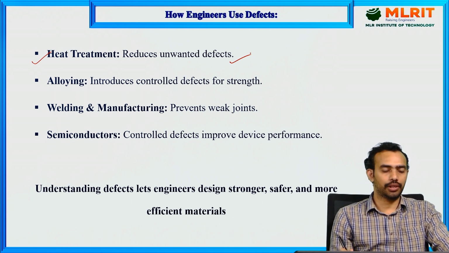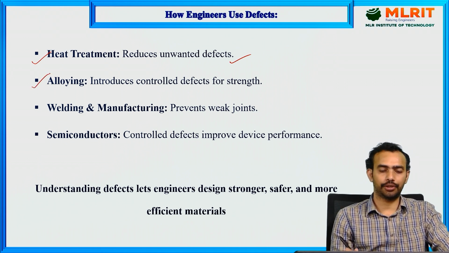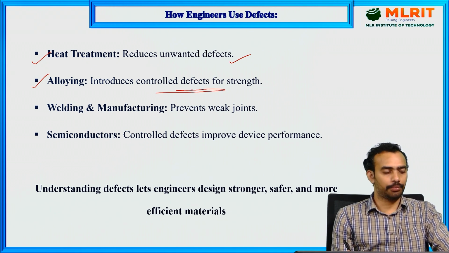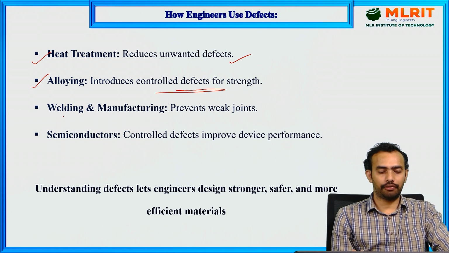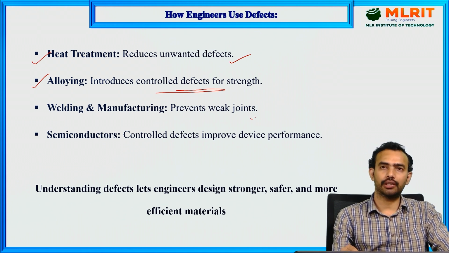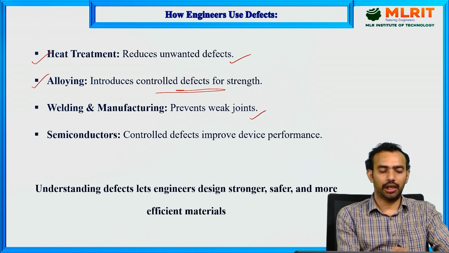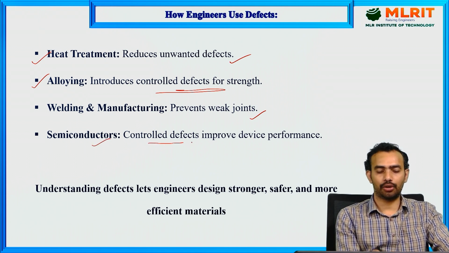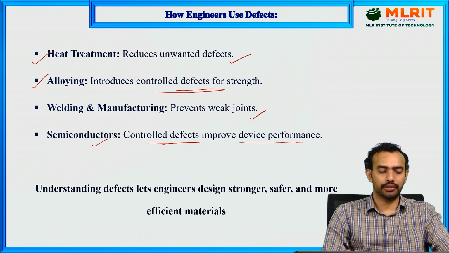For preparing alloys, engineers introduce controlled defects for improving strength. In welding and manufacturing, engineers use these defects to prevent weaker joints. In the case of semiconductors, controlled defects have been created for improving device performance.